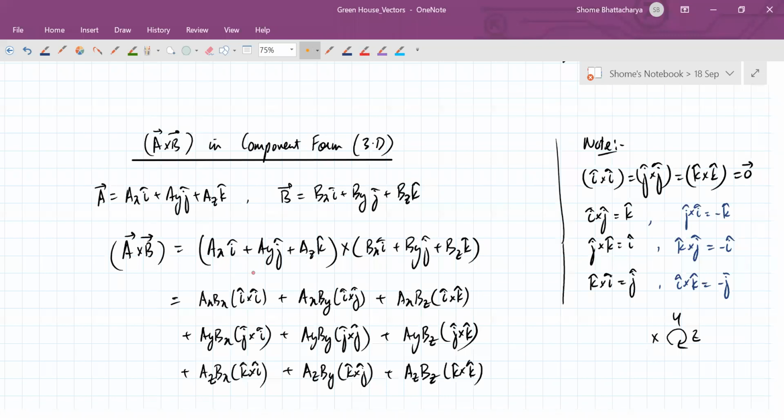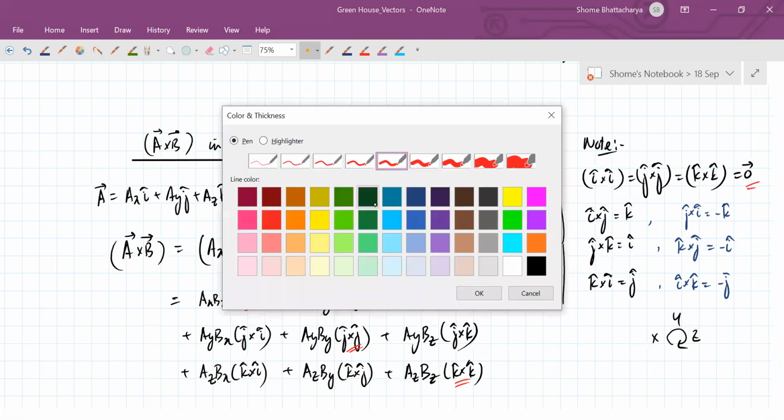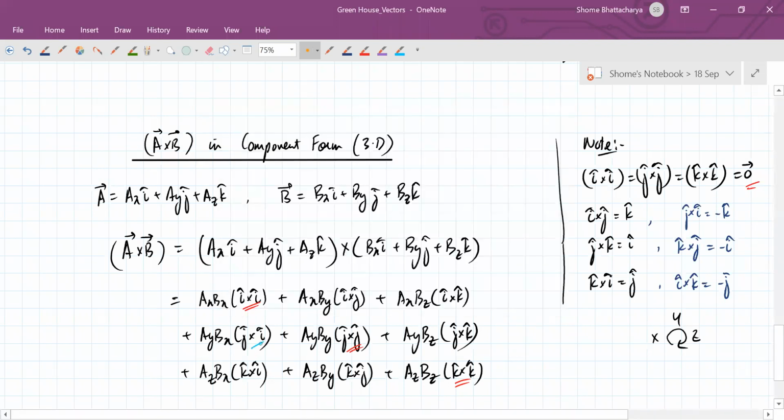Now in this you can see that this term and this term are 0. Whereas this term and this term involve these formulae.